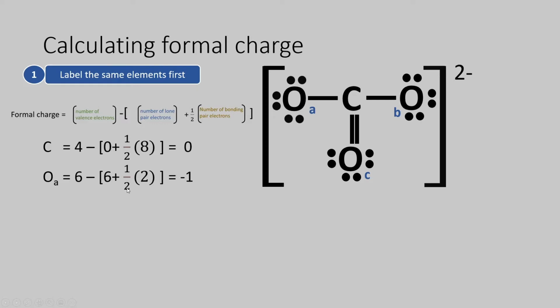Tambah separuh daripada number of bonding pairs. So, dia hanya ada satu je bonding pairs. And kita tahu satu bond ada 2 elektron kan? So, 1, 2. So, 6 tolak 6 plus half darab 2. So, dapat negatif 1. And we also can do the same for B and C.